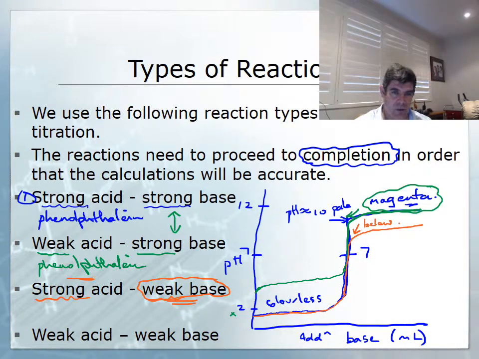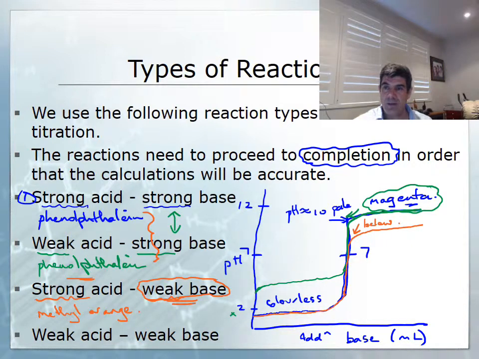If you have a strong base, then phenolphthalein works perfectly. Both of these two work if the base is strong, but when the base is weak, we need to pick something else. So we need to pick something like methyl orange, or maybe even bromophenol blue, because that's going to give us a much better way of identifying exactly where that endpoint is.